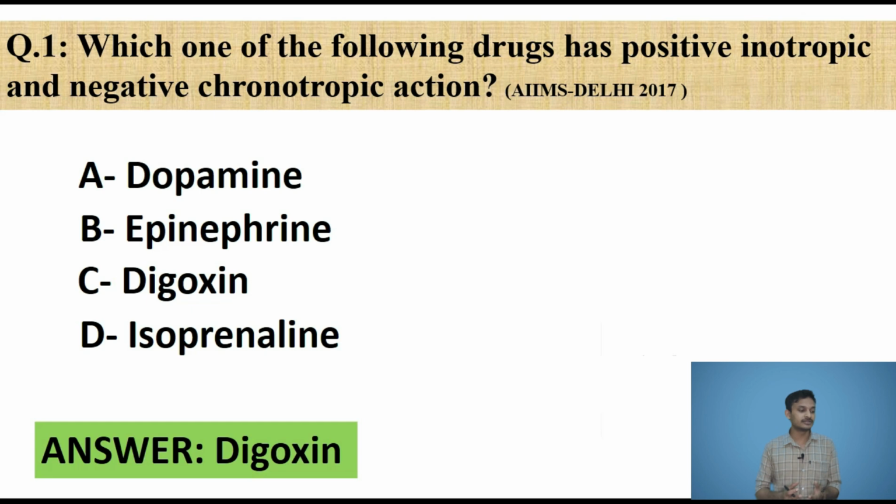What about the dopamine? Dopamine has positive chronotropic and positive inotropic action. Both are positive. That means it will increase the force of contraction as well as the heart rate. Epinephrine has also got the same, that is positive inotropic and positive chronotropic action.